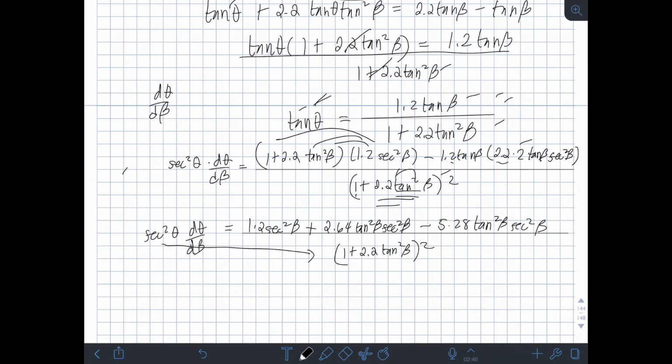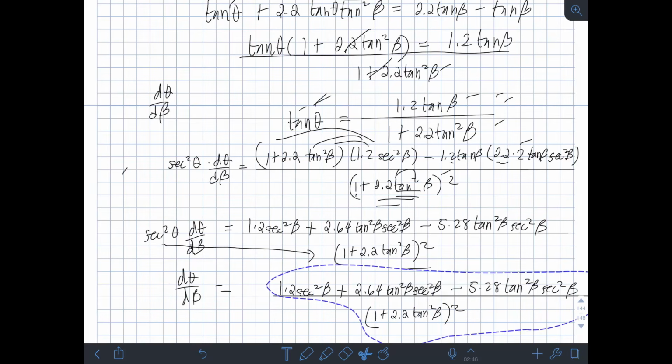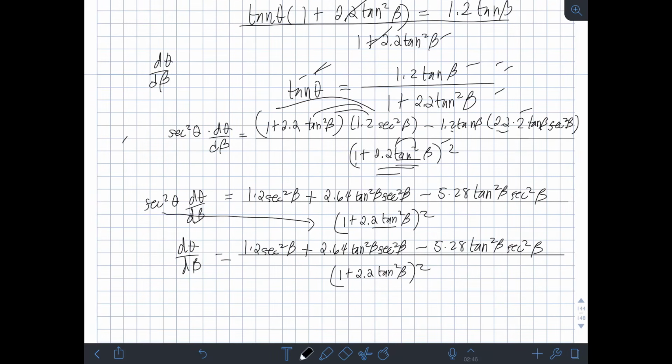So, cross-multiply ko dito si secant squared theta. So, d theta over d beta is equal to, so copy ko na lang, mapupunta siya dito sa denominator.